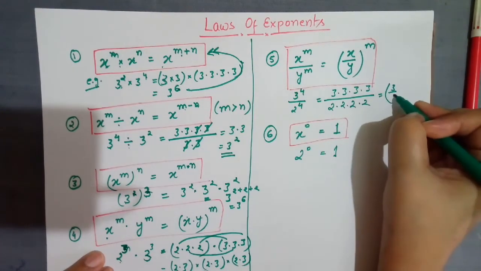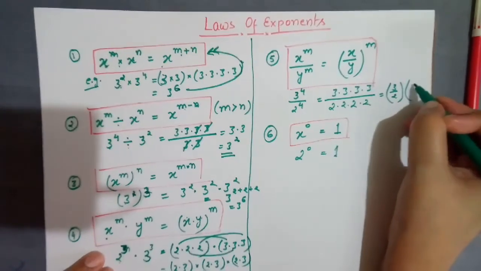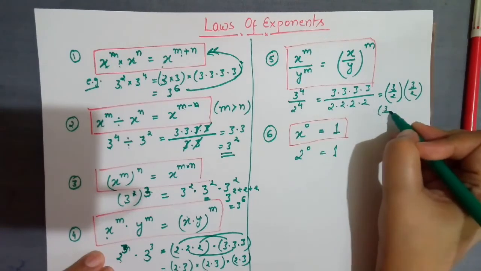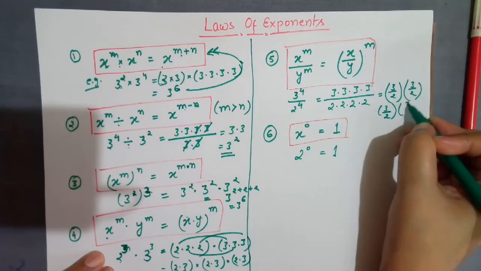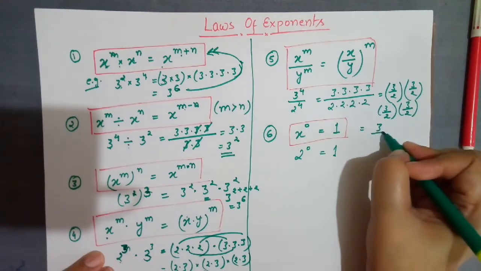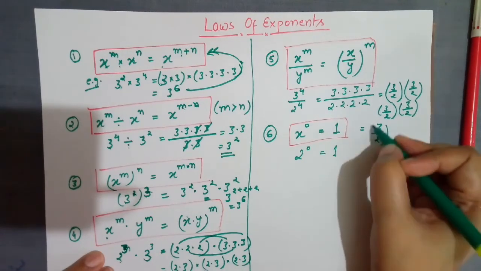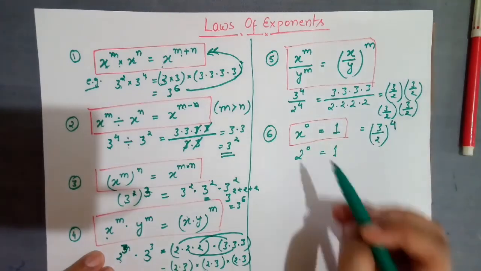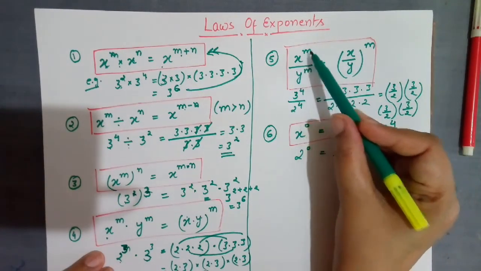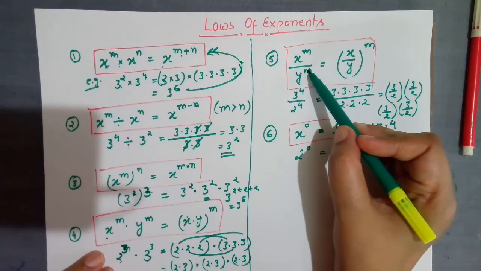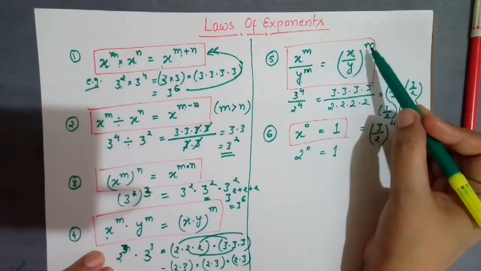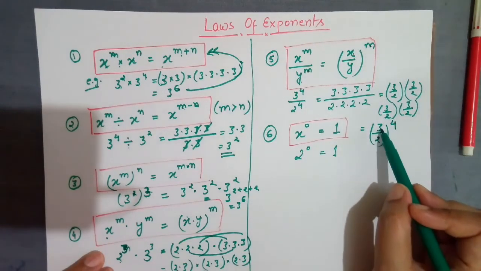Now 3 upon 2, it means 3 upon 2, 3 upon 2, 3 upon 2, 3 upon 2. We can write it as 3 upon 2 to the power 4. Exactly the same, the law also says two different numbers with the same powers will become x upon y to the power n, 3 upon 2 to the power 4.